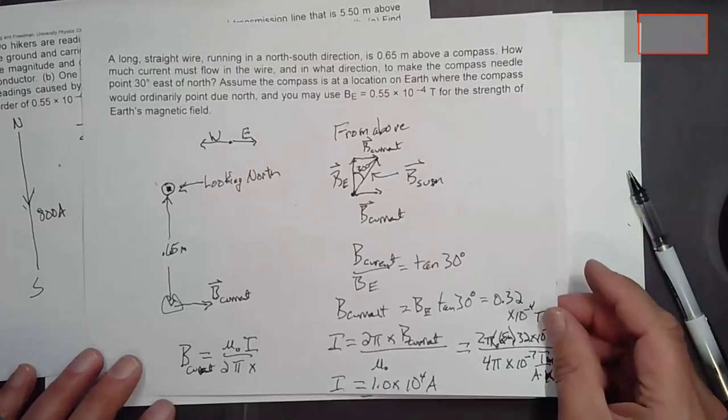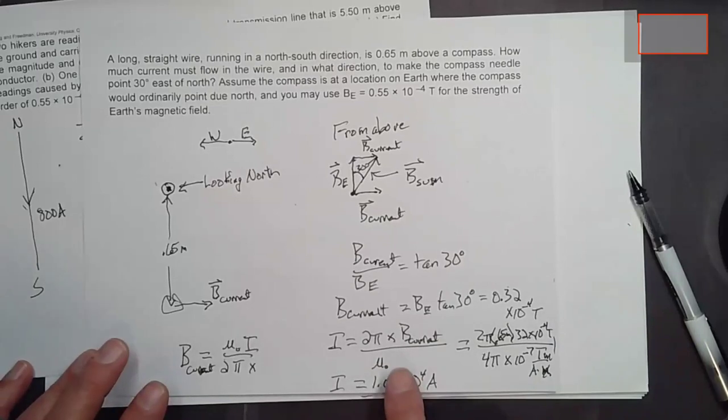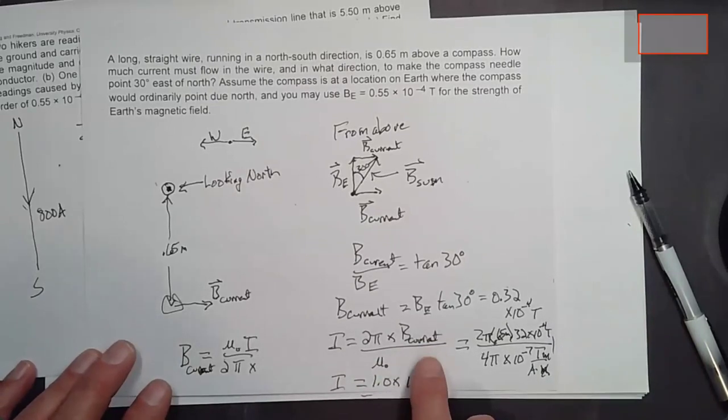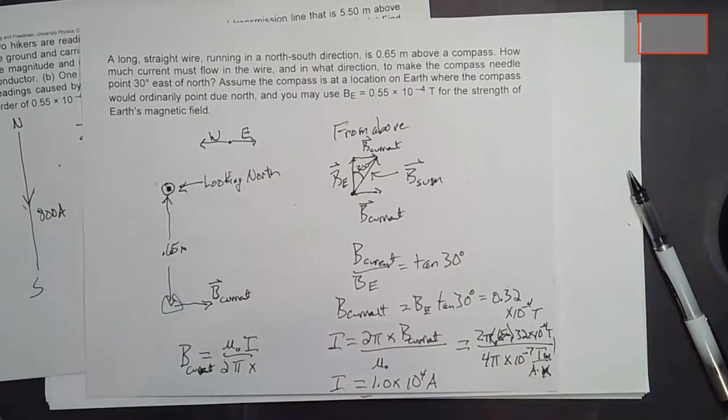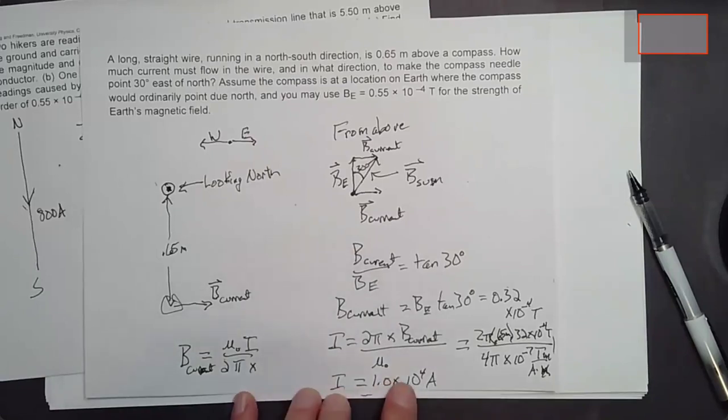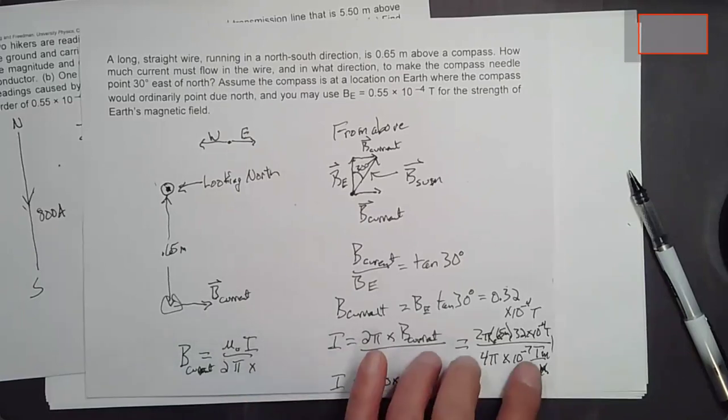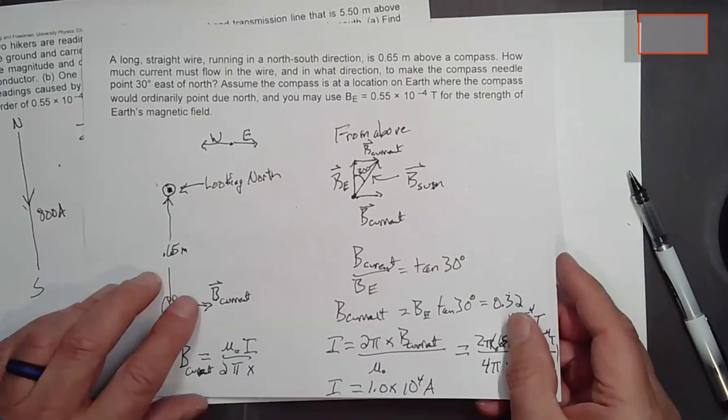So yeah, I'm wondering if I forgot something on here, because this is looking a little funky. I got an awfully high current on this thing. Although I don't see that necessarily did anything wrong.